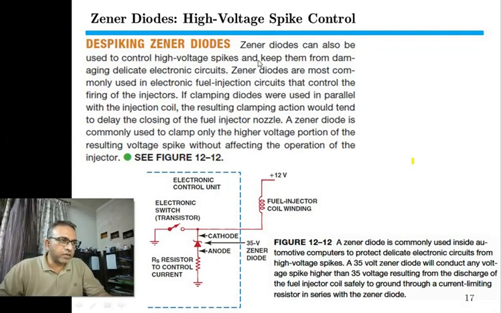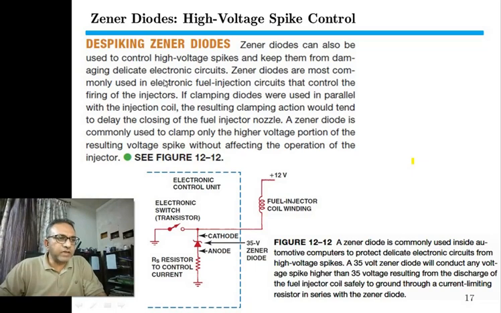The author writes that the Zener diode can also be used to control high voltage spikes and keep them from damaging delicate electronic circuits. Zener diodes are most commonly used in electronic fuel injection circuits that control the firing of the injectors.